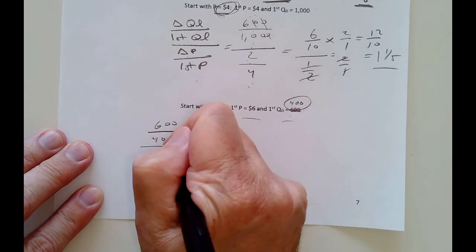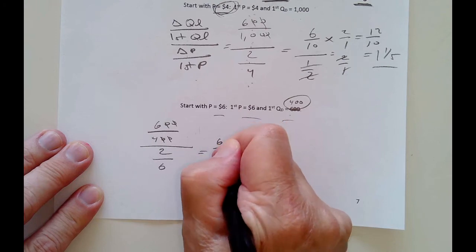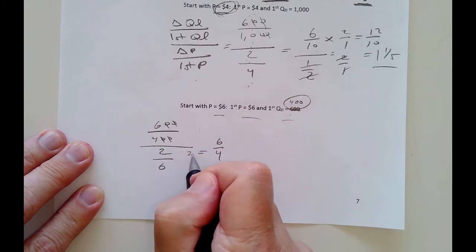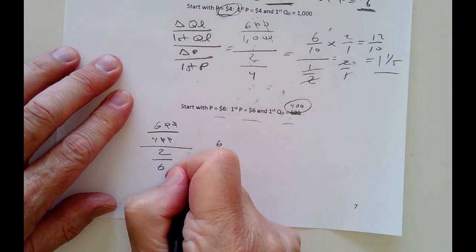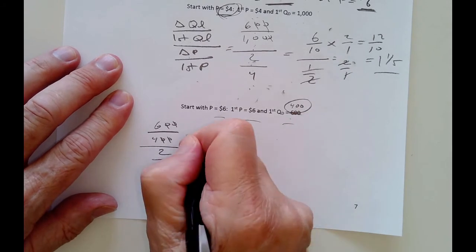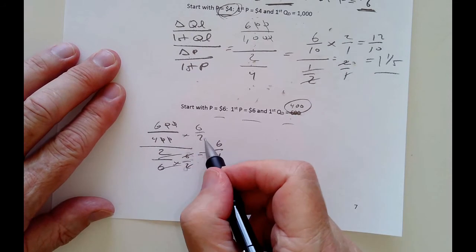Change in price is still $2, and then the first price now is 6. So I can just cross off these zeros, and then 6 over 4, just leave it at 6 over 4. Here I times top and bottom by 6 over 2. So it's gone there, and now I have 6 over 4 times 6 over 2.